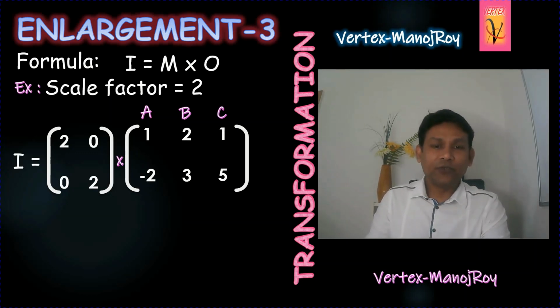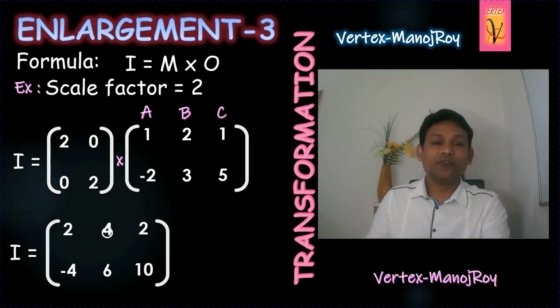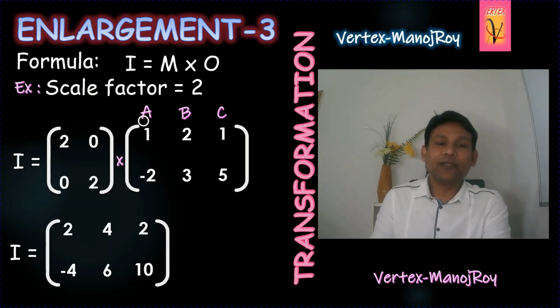These are the coordinates you have to take out from the triangle or from the grid. Now when you do matrix multiplication, you know how to do it. Even if you have a problem with how to multiply the matrices, you can watch my video in the playlist on matrices. When we multiply, the result for the image comes out as (2, -4), (4, 6) and (2, 10). In the exam it will be given as triangle ABC mapped onto triangle PQR.